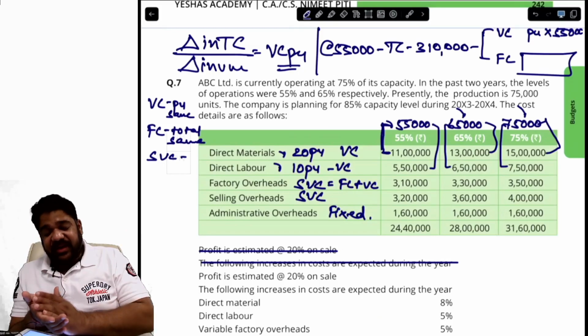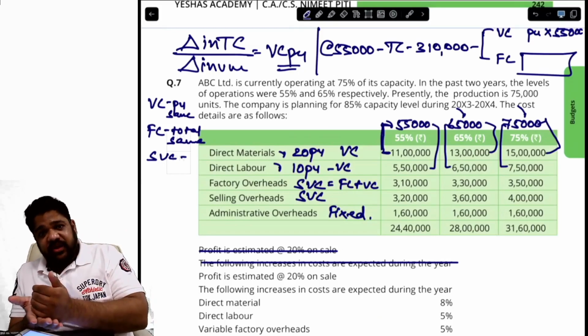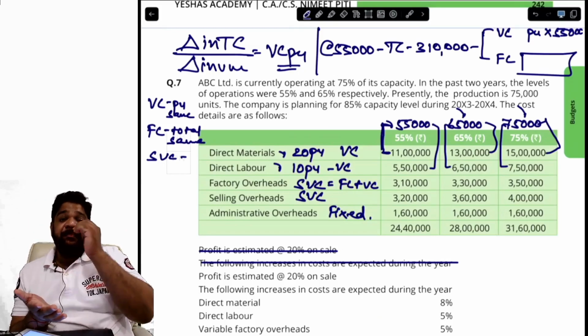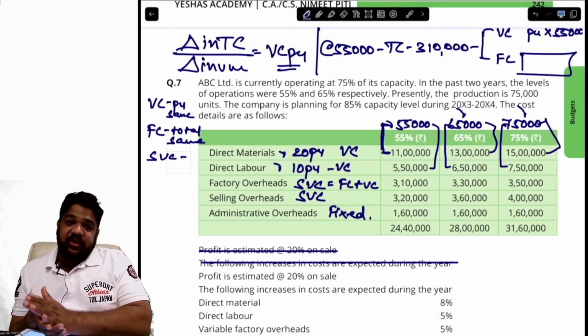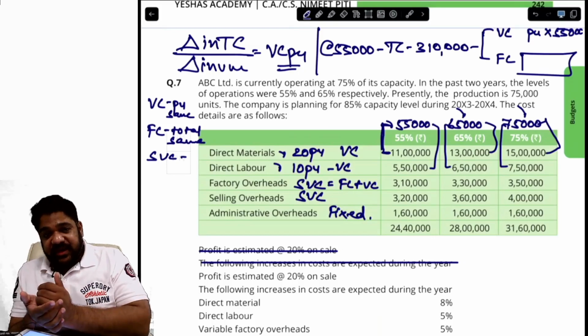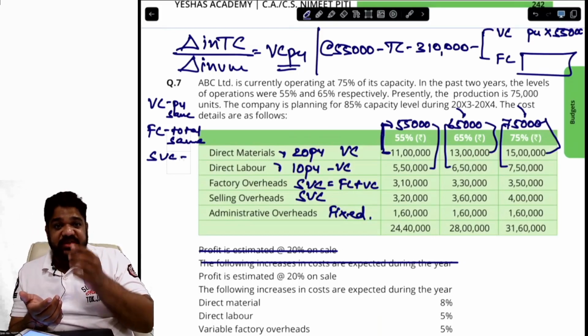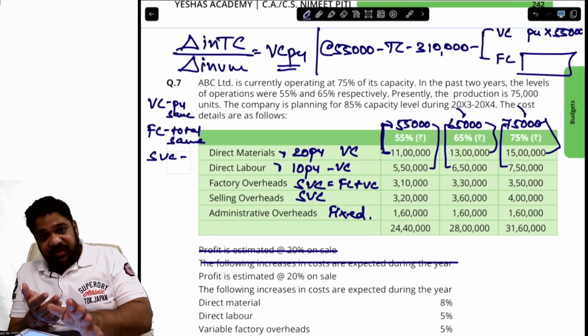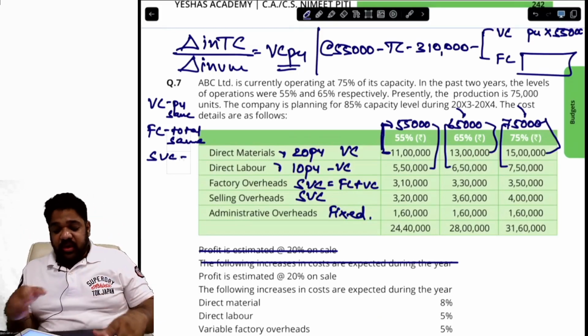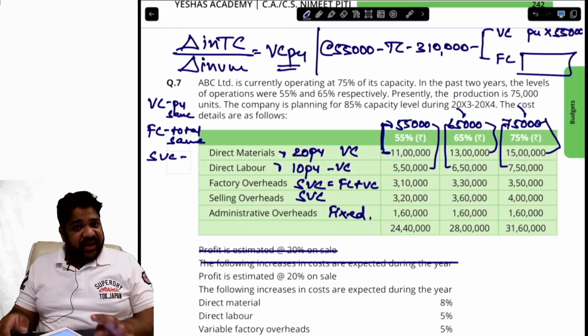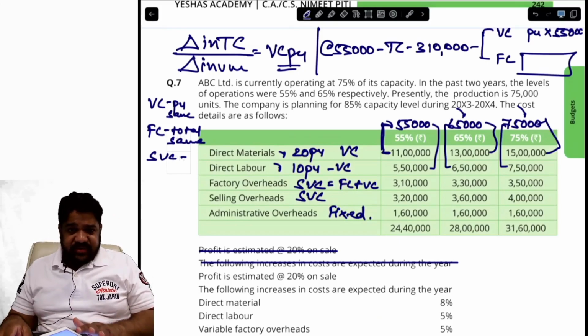When you are seeing mathematically, how do you do that? You divide the cost by the number of units and find out the per unit. If the per unit is the same, then that cost is variable. If the totality is the same, then that cost is fixed. And if it is the same at neither of the levels, then that cost is semi-variable. Are we understanding? You have these two categories in terms of flexible budgets.